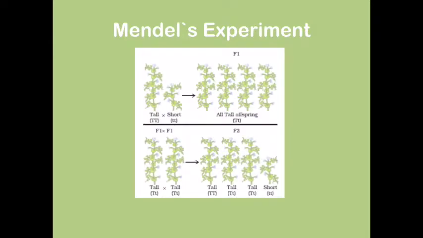So similar experiments were conducted with different types of plants. So he took a tall and a short. In the first generation he got all tall. And in the third generation he got 3 tall and 1 short. Fine. It was similar to what has been explained above. So to have a better explanation of what is going on here, what he actually did was, he crossed a tall plant and a short plant.